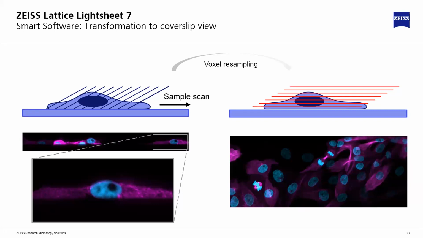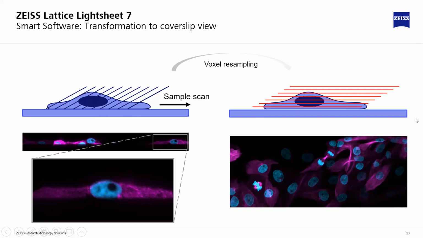I mentioned a moment ago that your sample is getting imaged at an angle due to the geometry of the objectives. And on the left, you can see what the sample actually looks like to the cameras of the lattice light sheet. So this is what your sample looks like as the data is being acquired. We see a nice thin section of our specimen on the cover glass.